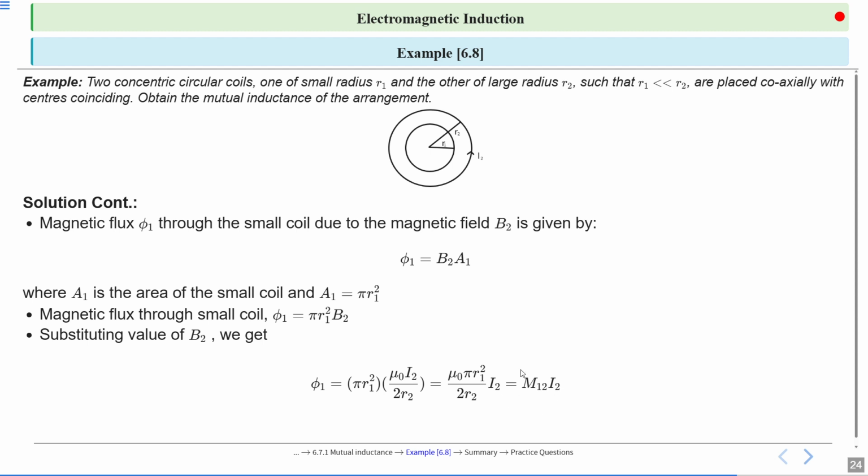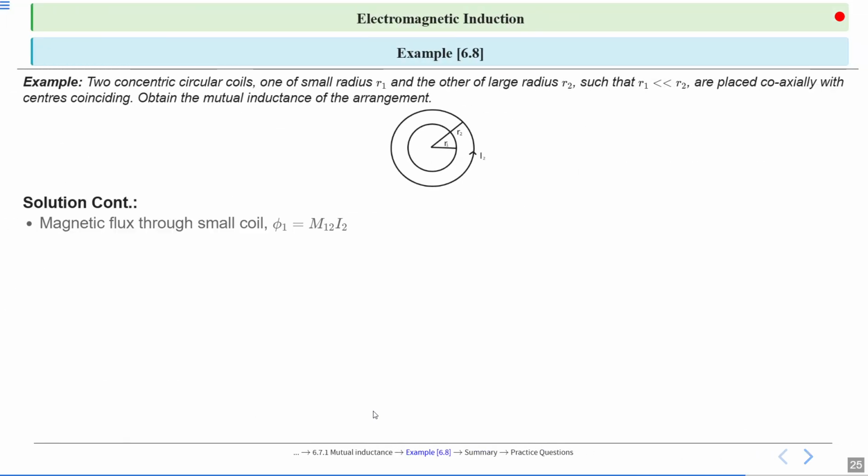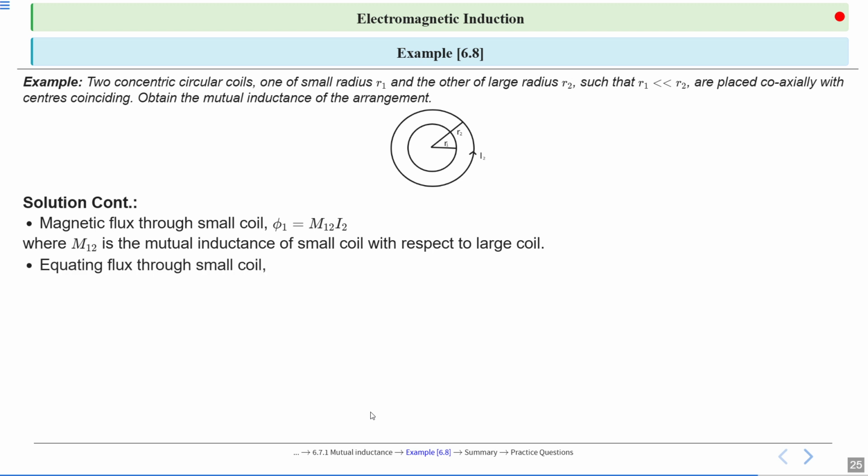So magnetic flux through the small coil phi1 equal to M12 I2, where M12 is the mutual inductance of the small coil with respect to the large coil. So M12 equal to mu naught pi R1 square upon 2R2.